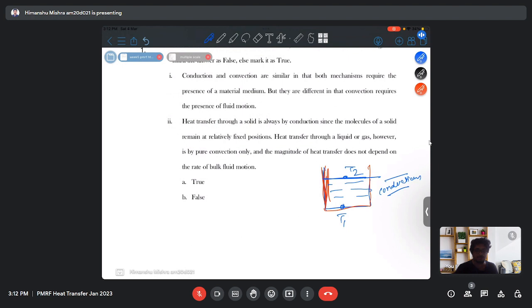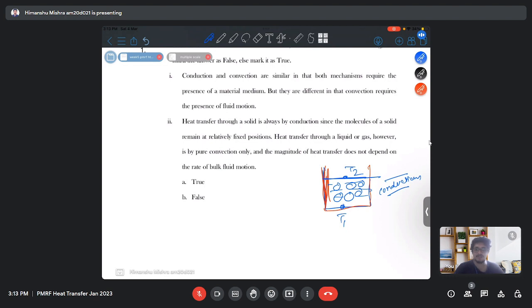Conduction requires that the material medium be stationary. But if there is movement of fluid parcels in some random direction with some random velocity, then there will be heat transfer due to the convection process. So convection needs the presence of fluid motion. Even though there is a fluid, conduction can happen, the only condition being that the fluid should be at rest, or the fluid parcels should not be moved around in a local position. So the first statement is correct.